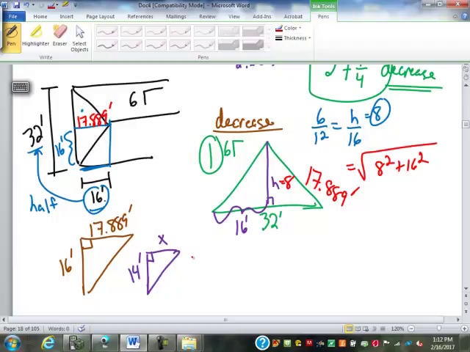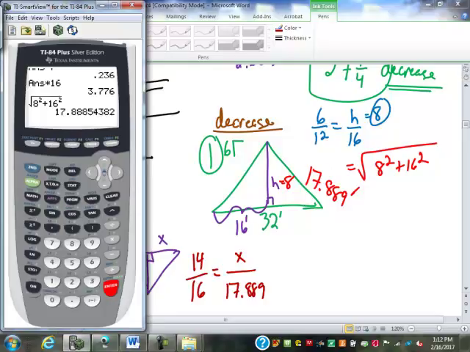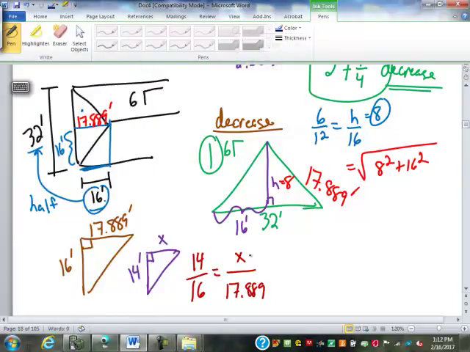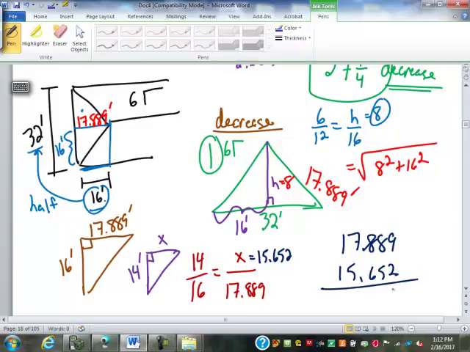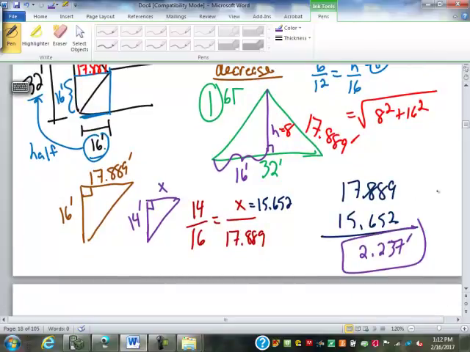Okay, so what's it going to be? 14 over 16, x over 17.889. 15.652. So our decrease, 17.889 minus 15.652 gives us a difference of 2.237 feet. And I'm going to trust at this point you guys can convert that to feet, inches, and sixteenths.